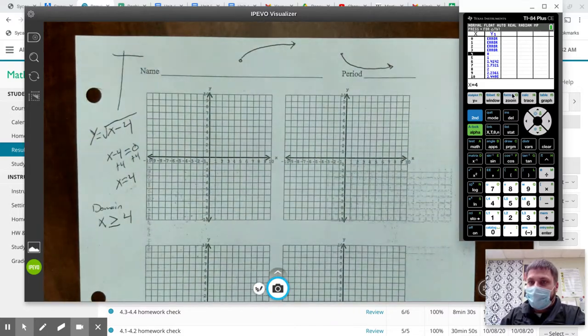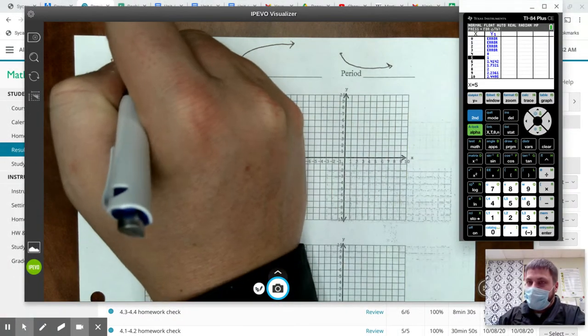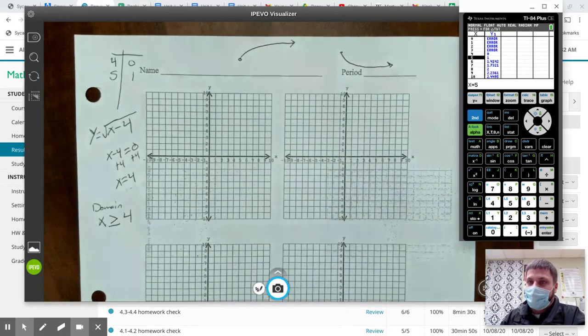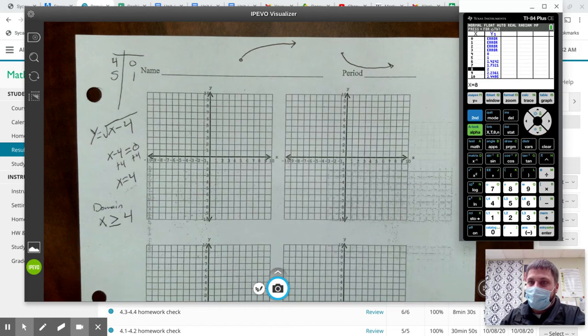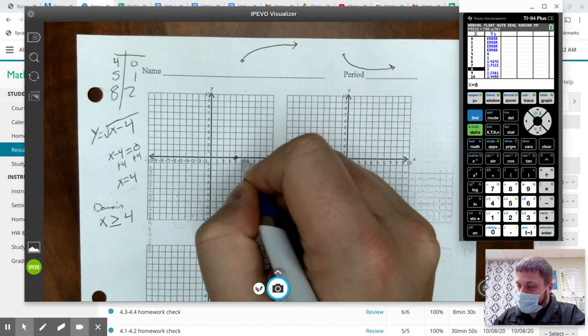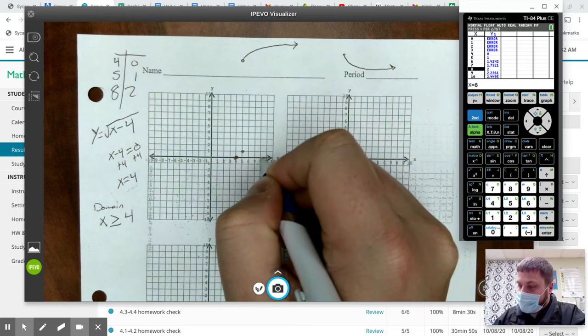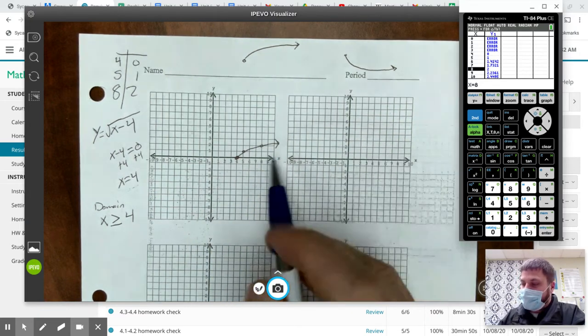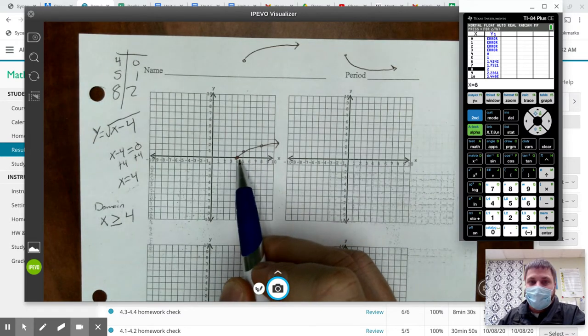And I'm going to try to find some values here that have whole numbers. So I know that I got 4 comma 0. I know that I got 5 comma 1. I see here on my table that I have 8 comma 2. If I have 3 points, that's plenty, I think. I can jot those down and draw my graph. Make sure you put an arrow on this side, but not on this side.